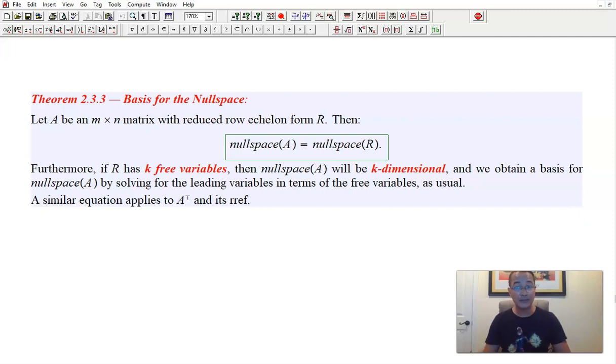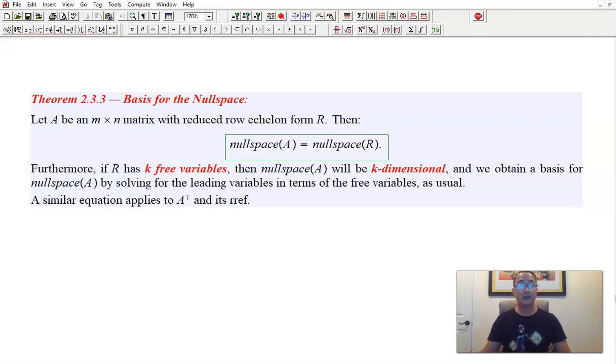What we're going to see is that once we do that, the number of vectors we will need for our basis for the null space will be exactly equal to the number of free variables, not leading variables, but free variables. So if you have k free variables, then the dimension of the null space is going to be k.